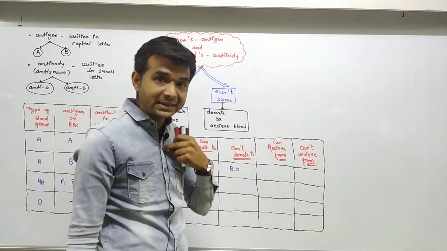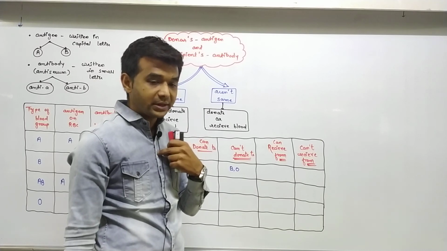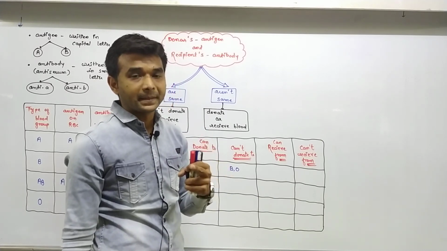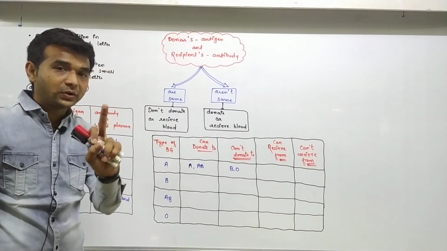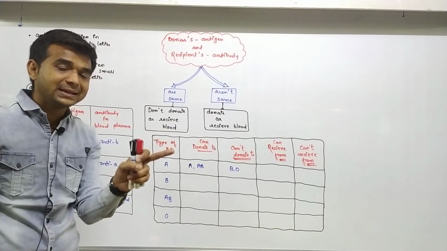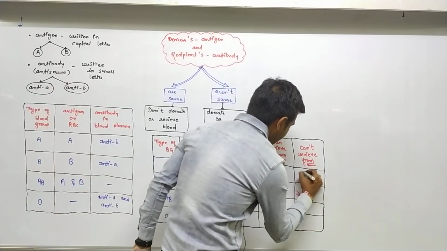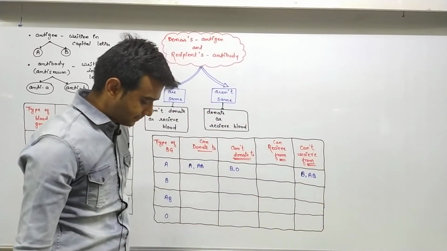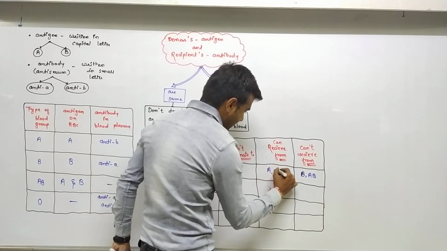Now I act as a recipient. So what can I think about my antibody? I have antibody B. So I cannot receive the blood from a person who has antigen B. So from B and AB blood groups I cannot receive the blood. But I can receive the blood from A and O.